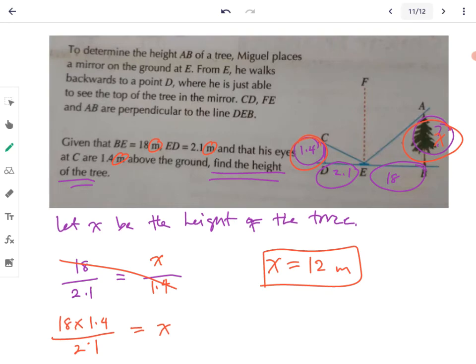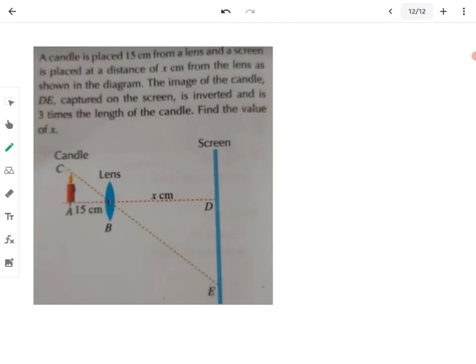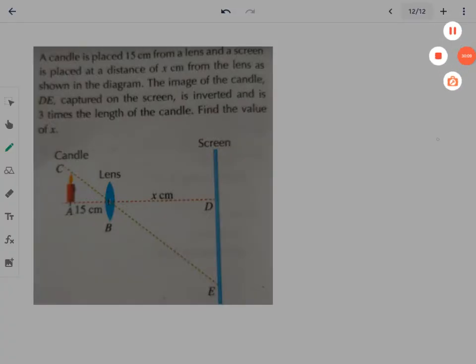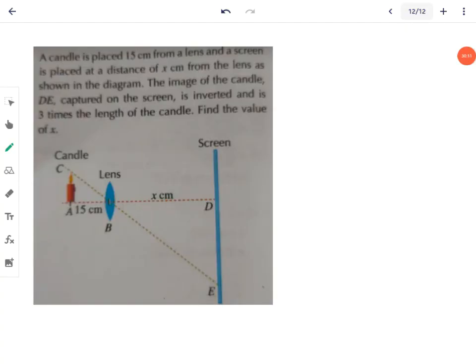Next, a candle is placed 15 cm from a lens and a screen is placed at a distance of x cm from the lens as shown in the diagram.